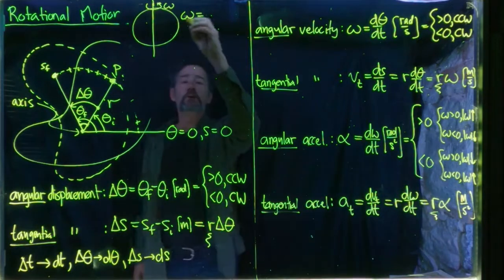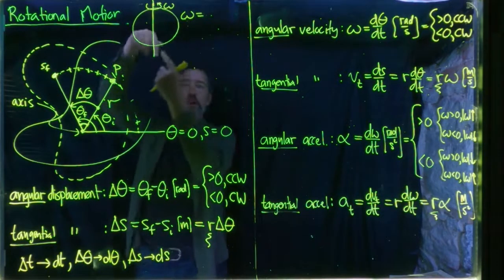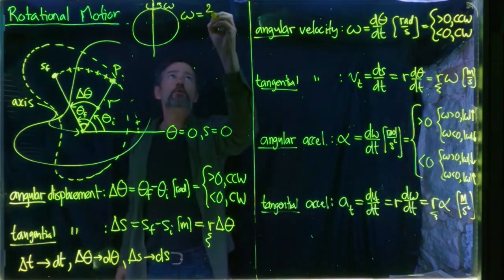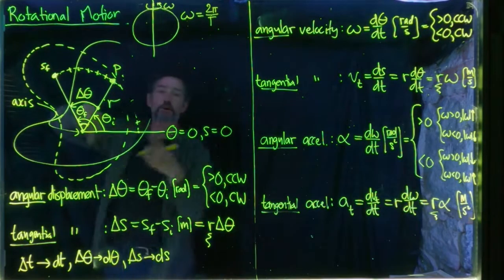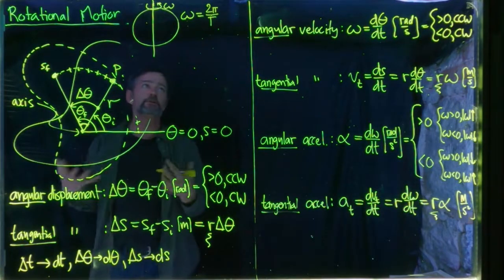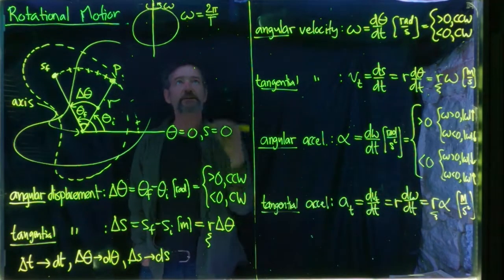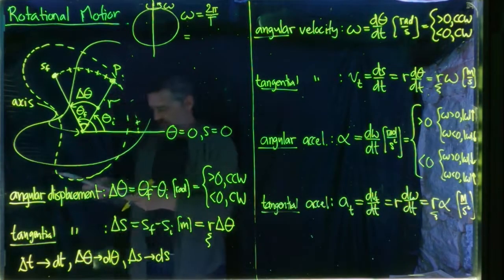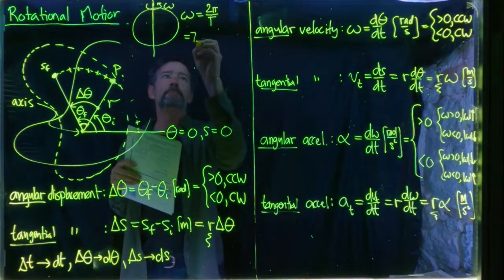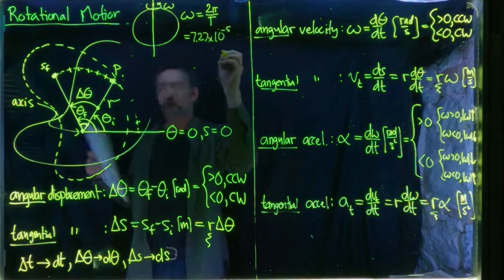So the angular velocity, the number of radians per second that every single point in and on the Earth rotates through, is 2 pi radians divided by T, the period of that rotational motion, the time it takes the Earth to go around once, which is 24 hours. So if you take 2 pi divided by 24 hours converted to seconds, what does omega turn out to be? 7.27 times 10 to the minus 5 radians per second.